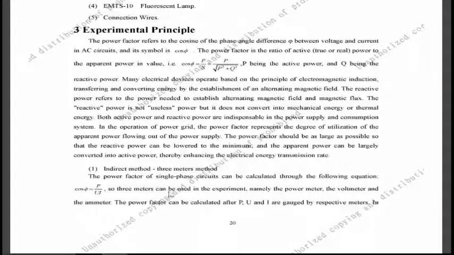So three meters can be used in the experiment, namely the power meter, the voltmeter, and the ammeter. The power factor can be calculated after the power, voltage, and current are gauged by the respective meters.